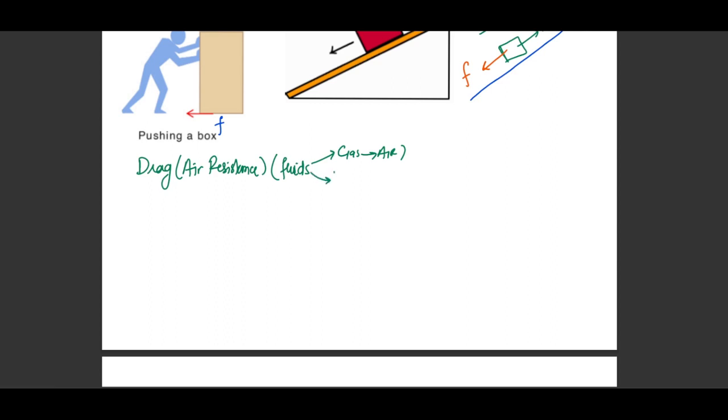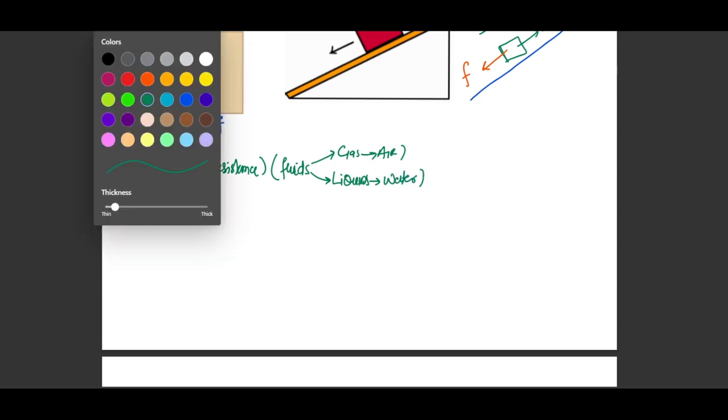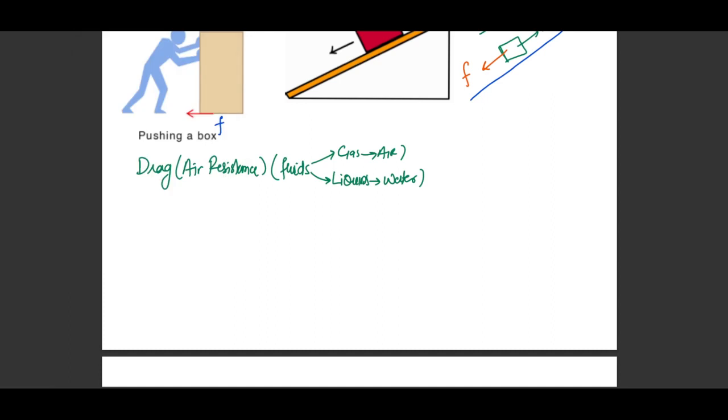The second example comes from liquids, the resistance you feel while moving through water, right? Submarines or boats or divers, whatever resistance they feel in water or in air is called drag. For example, if an object is free falling under the influence of gravity, then the opposing force on this object would be drag, again previously known as air resistance.